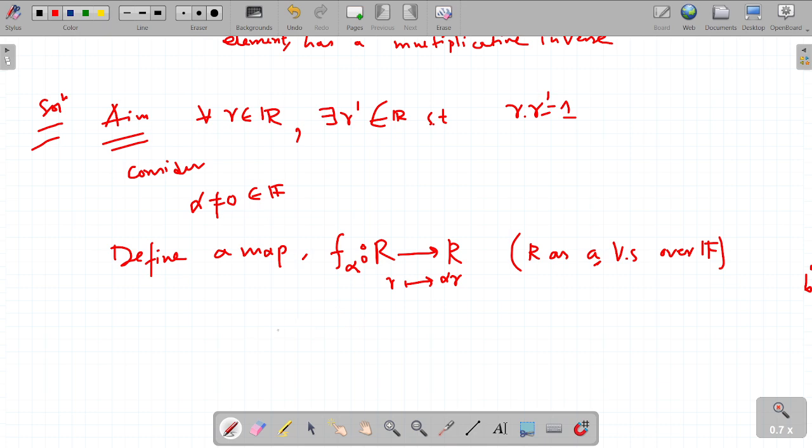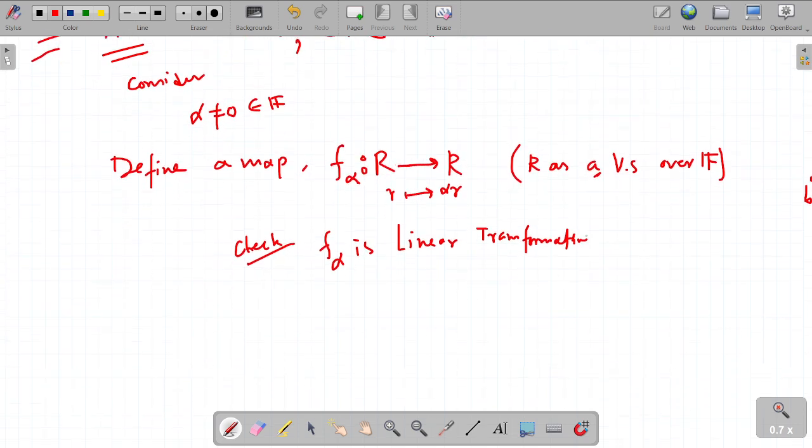Now one can check that f alpha is a linear transformation. How?